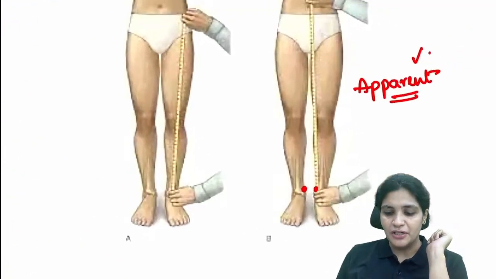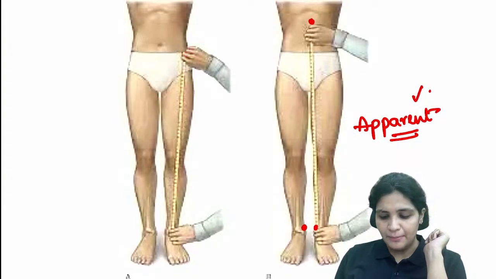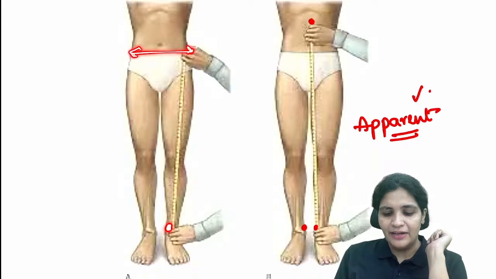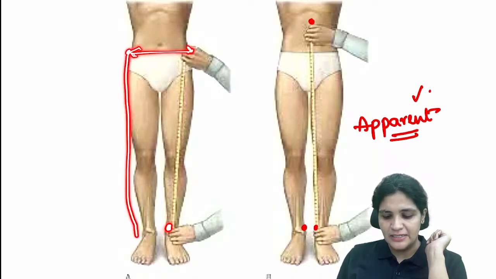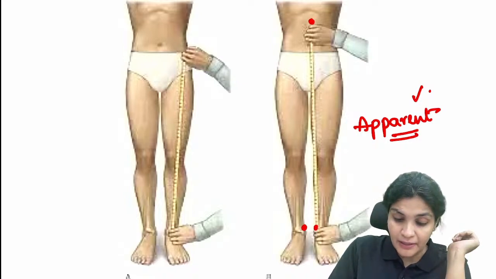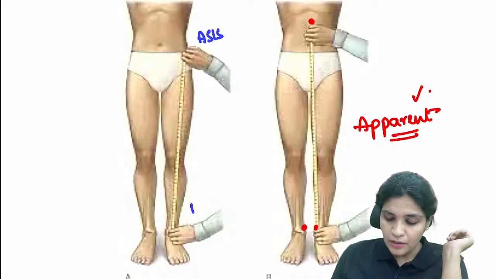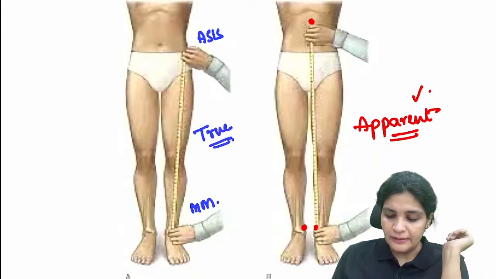Once these two are at the same level, you measure on both sides from the anterior superior iliac spine to your medial malleolus. This is your true length, right?